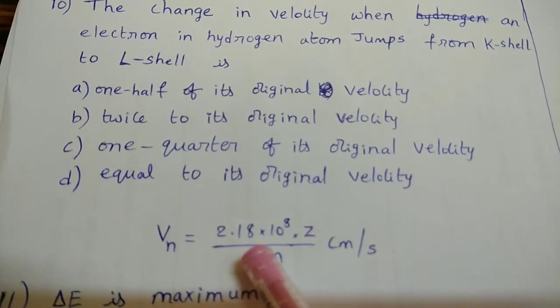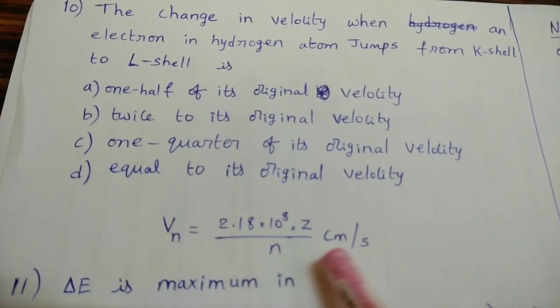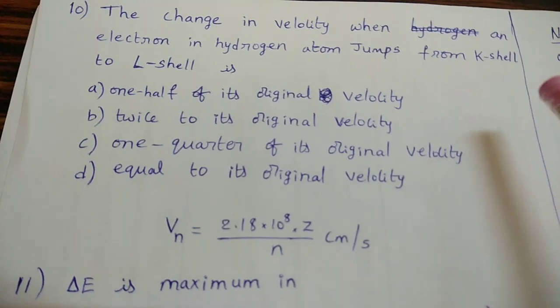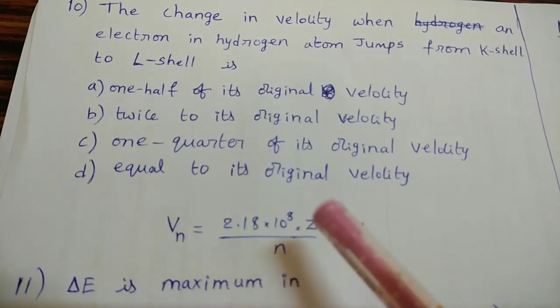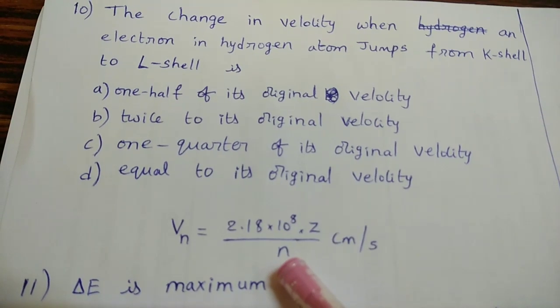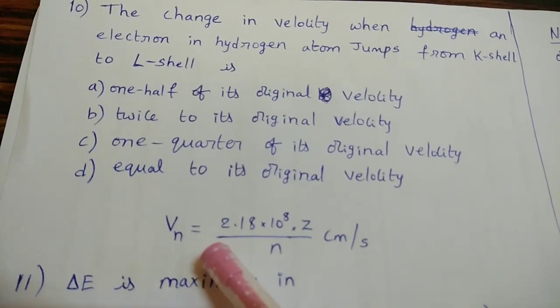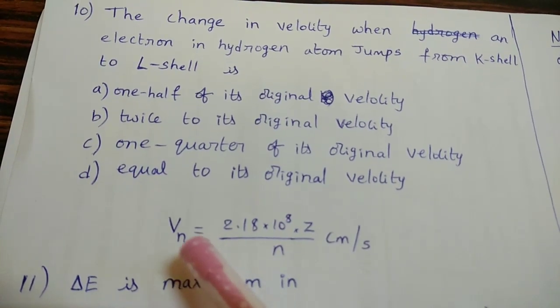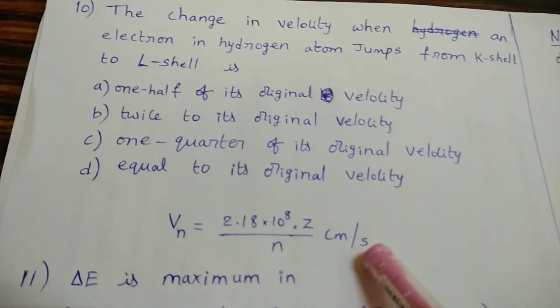Vn equal to 2.18 into 10 power 8 into Z by n centimeter per second. Now first orbit velocity, if we find for hydrogen atom, Z value 1, n value 1. So velocity of the electron in the K shell of hydrogen atom is V1 equal to 2.18 into 10 power 8 centimeter per second.